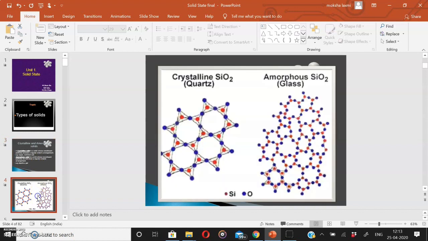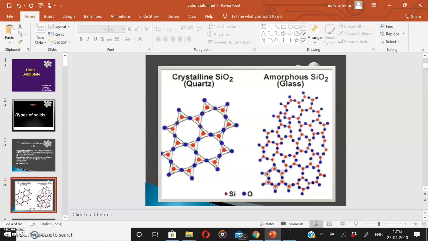So let us understand the definition of crystalline solid and amorphous solid from this diagram. In this slide, the first figure shows the structure of a crystalline solid. This is the structure of quartz, wherein the silicate units have a regular orderly arrangement, whereas the second diagram is of glass, which is an example of an amorphous solid.